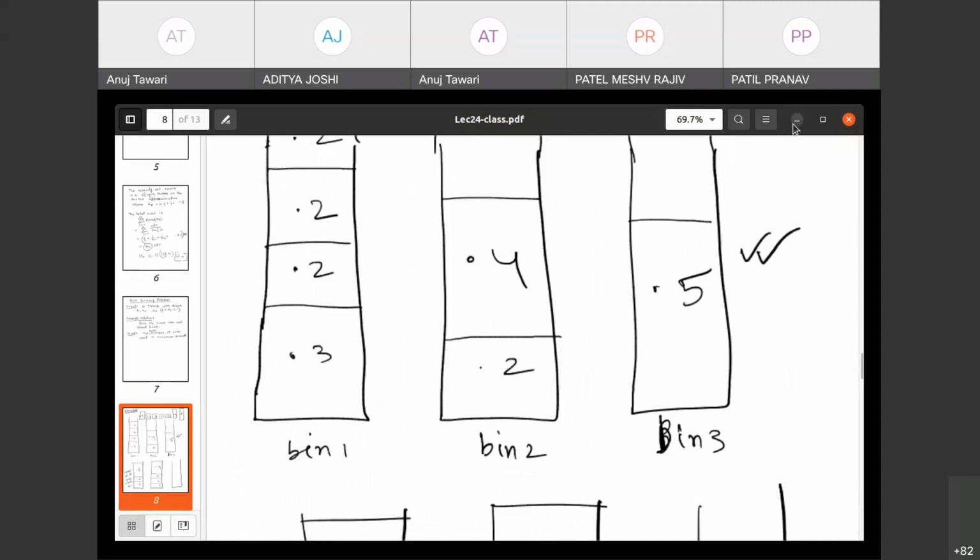So it is one of those things which will check whether point one is present or not, while putting point 4 in the point 5 containing bin. Okay, now I understand.